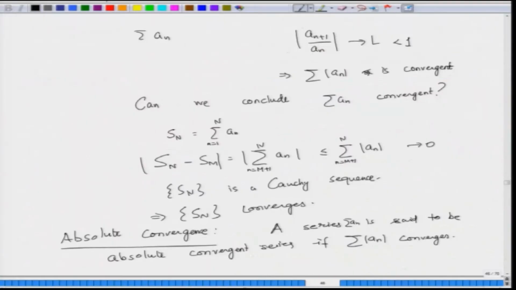So, as we have seen in the ratio test, if we determine the limit of |a_(n+1)| / |a_n|, then we can conclude about the convergence of the series. Now, when we are talking about a series which does not have the same sign, that is where absolute convergence comes into the picture.